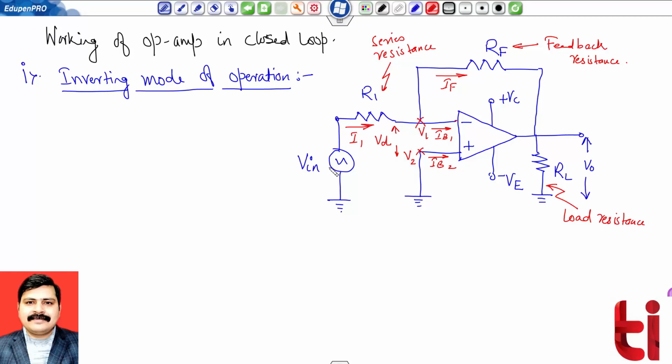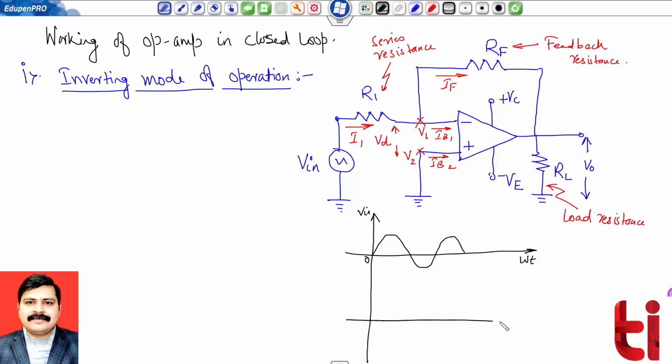So you can check, we have applied the input signal to the inverting terminal. Let me draw the input and output waveforms also, so that you can better understand the concept of inverting mode of operation. I am considering this is my input of some magnitude.